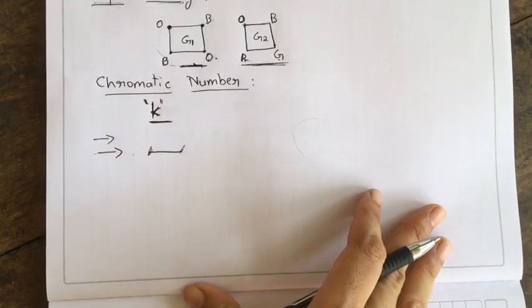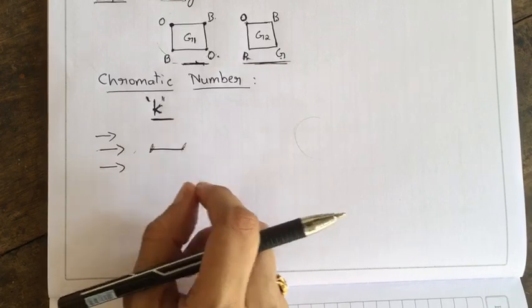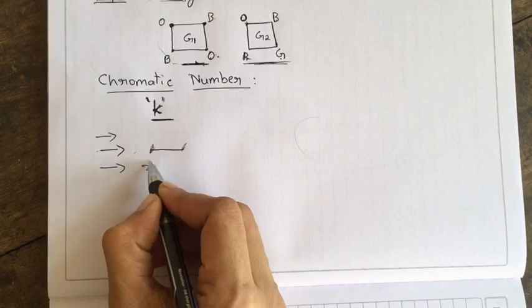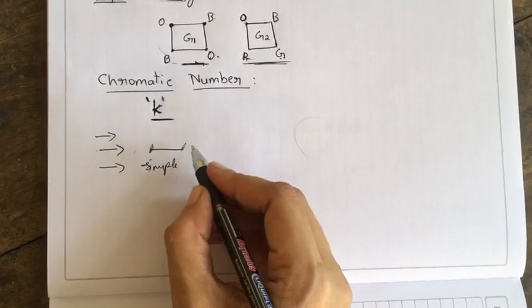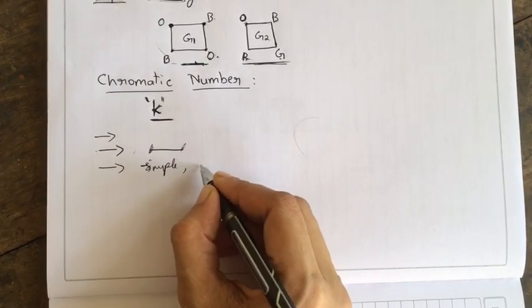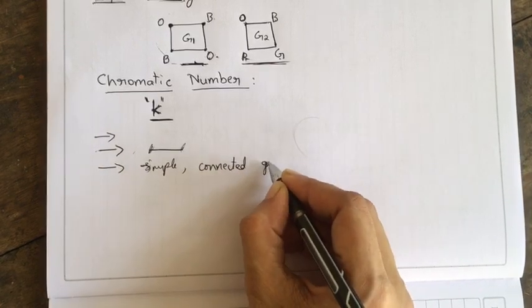And the graphs should not have self loops. Hence the coloring problem needs to be considered only for simple and connected graphs.